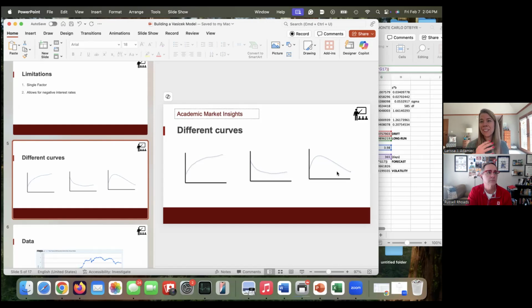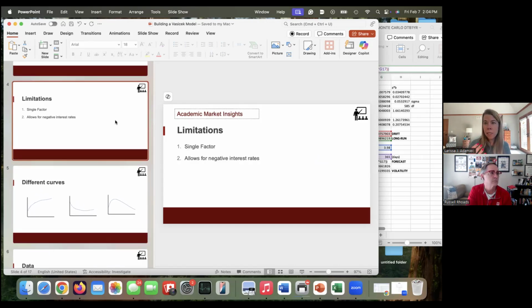Some of the limitations that this particular model has: if we wanted to expand this and look at an entire term structure, these are the shapes it's going to give. It's not going to allow for anything else. We're also limited to the idea that the single factor here is that long-term average, and that's not necessarily the most indicative.